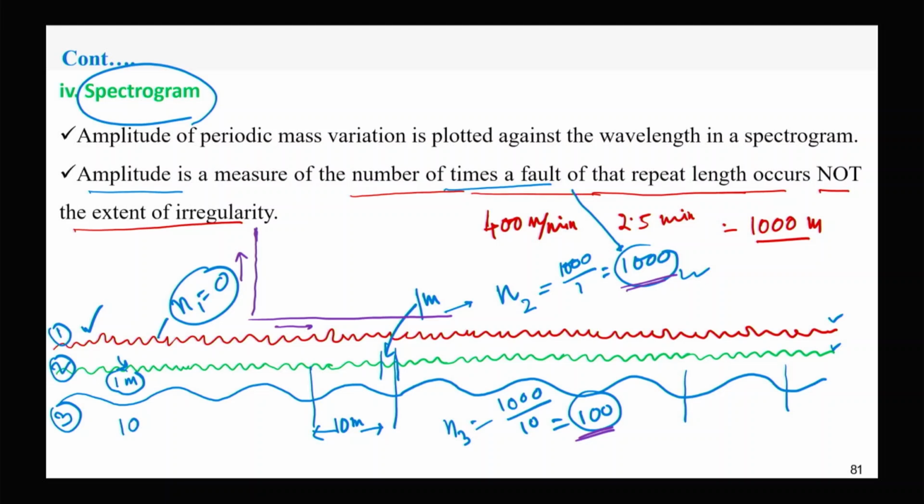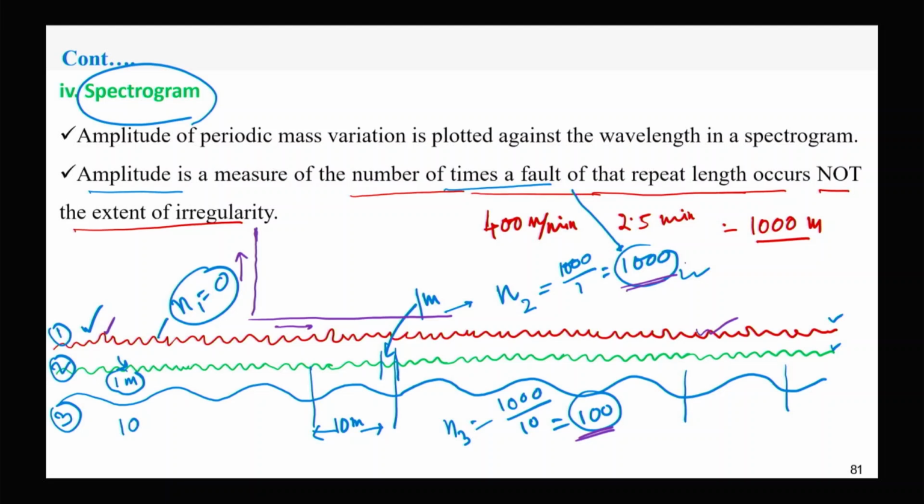So, if we test yarn 1 with random unevenness, the number of repeats is 0.